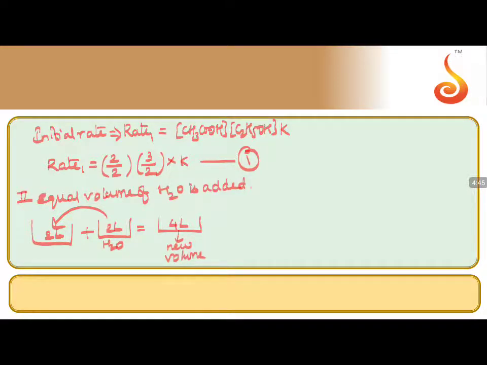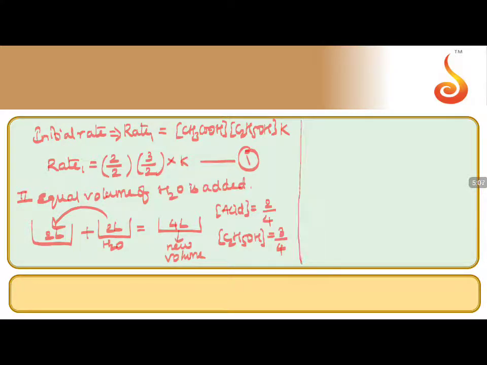Then what will your new concentration of acid be? The new concentration of acid is the initial number of moles, 2, by the total volume, which is now 4. In the same way, the concentration of alcohol is the initial moles, 3, by the total volume, now 4.